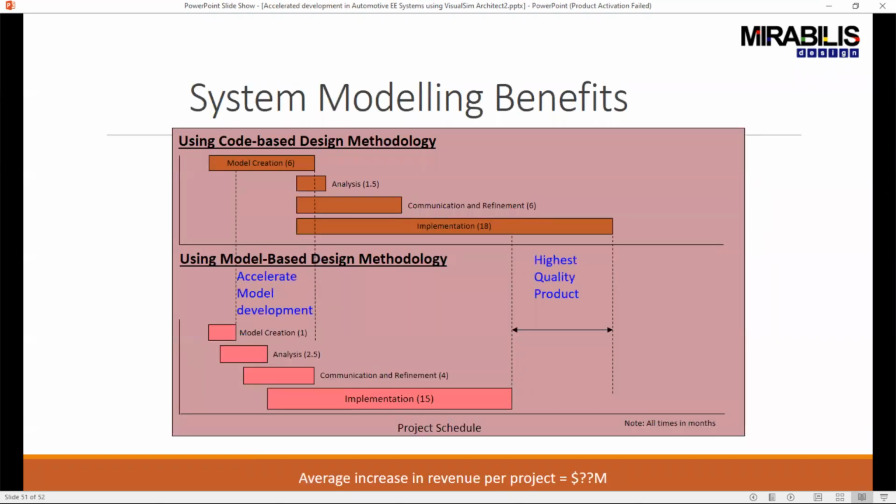And here we are seeing some of the system modeling benefits that can be achieved when using VisualSim Architect. Without using the VisualSim Architect modeling technology, it takes a lot of time just for the model creation, then the analysis, and then the fine tuning or refinement. But with the closed loop approach, along with the AI enhanced diagnostic modules, we can save at least 30% of the resource time that has been allocated.